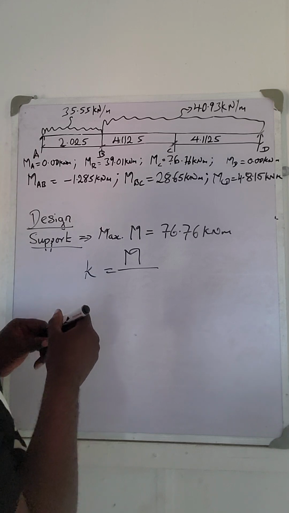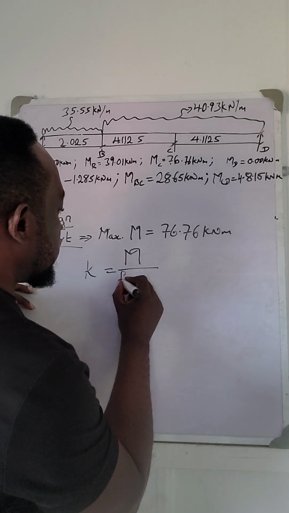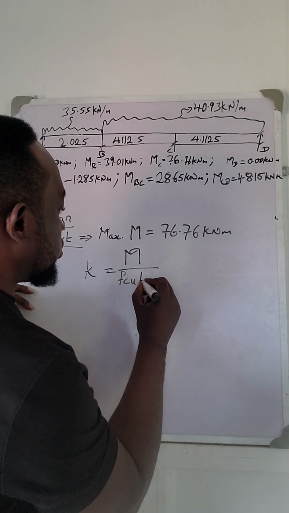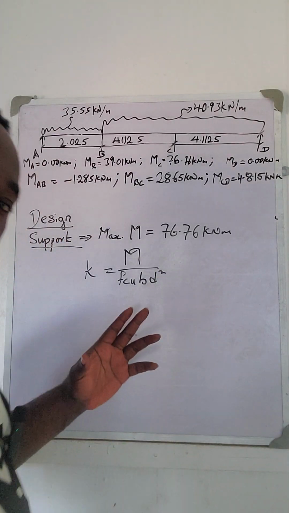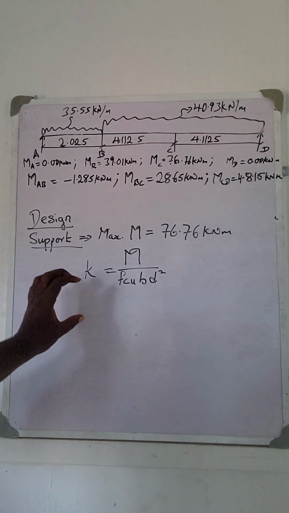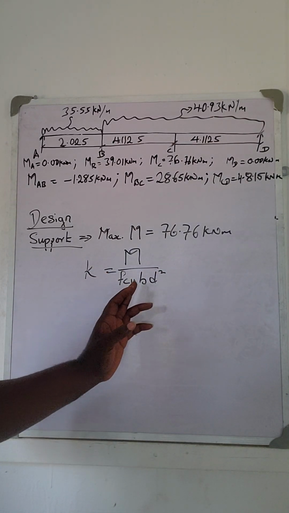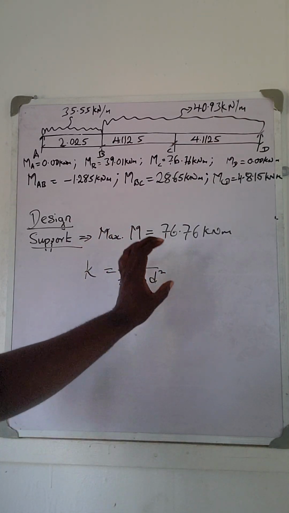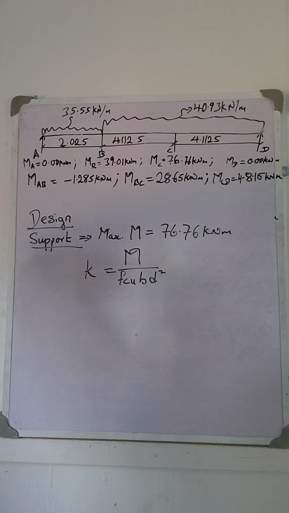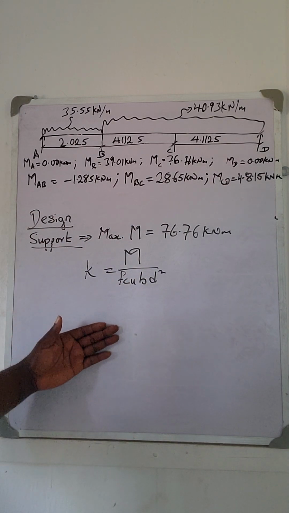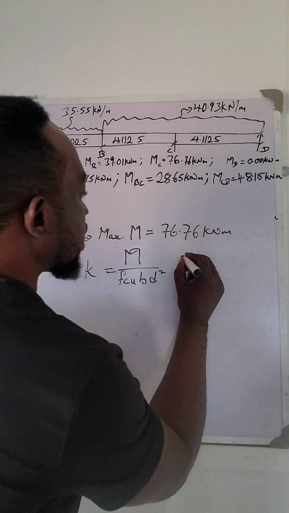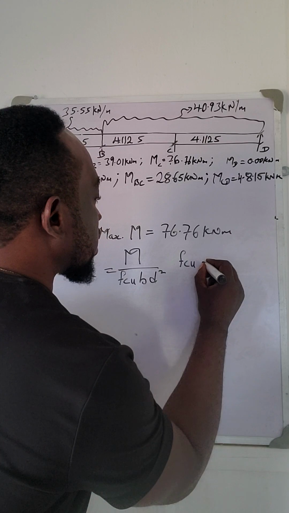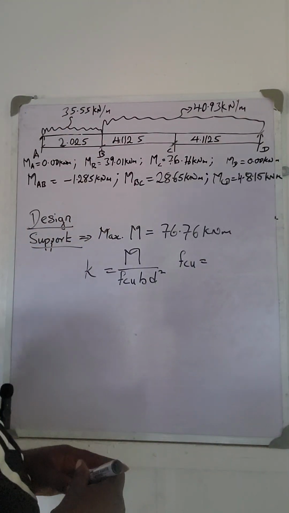over fcu b d squared. If you have been following me before, you will understand this formula. Now we want to calculate the lever arm, then go to the area of steel. Of course, you know that fcu is the characteristic strength of concrete.